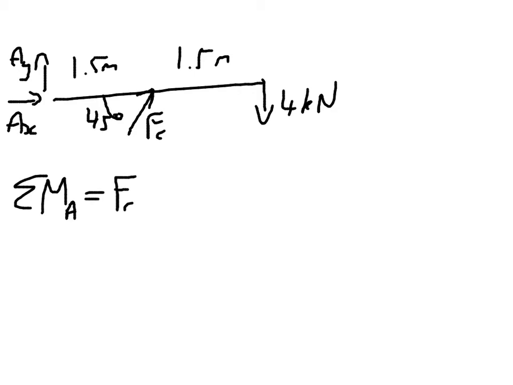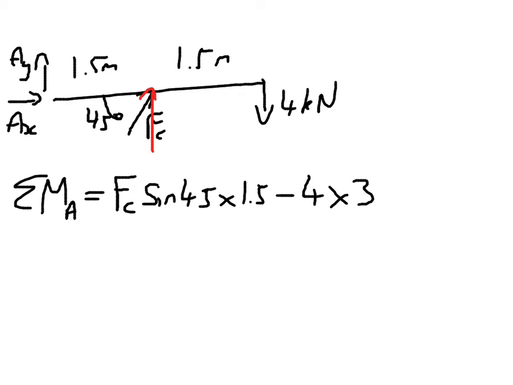That's going to be FC sine 45, so that component, times 1.5, and that's going to be trying to go anti-clockwise, so we'll call that positive, and it's going to be minus 4 times 3 metres, so our initial force that we were given as well, and that's going to equal 0.